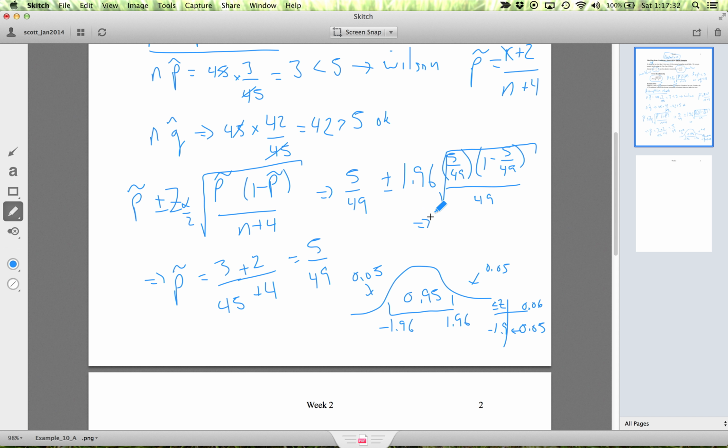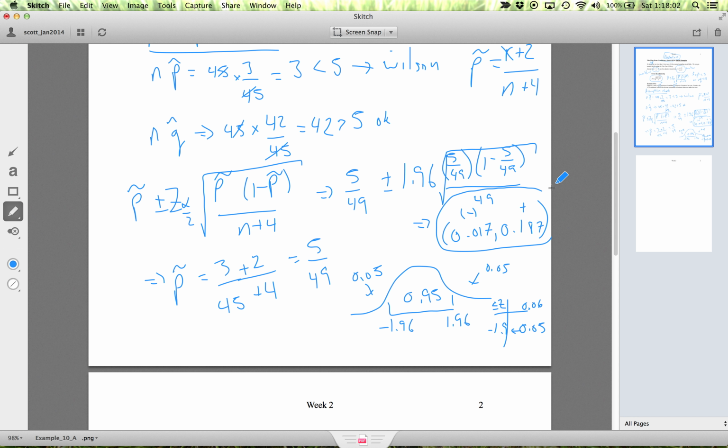This gives us our two limits: 0.017, this is the lower limit, and the upper limit of 0.187, if you round. So here's the confidence interval for the Wilson.